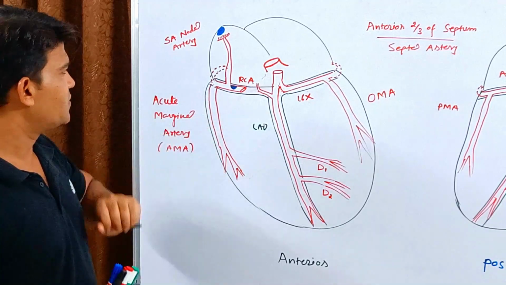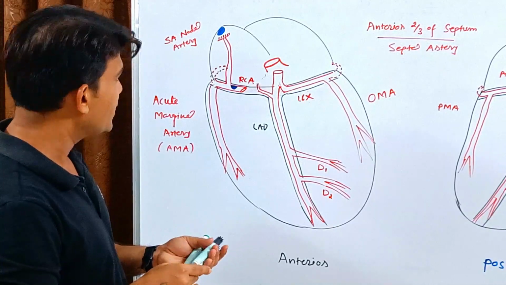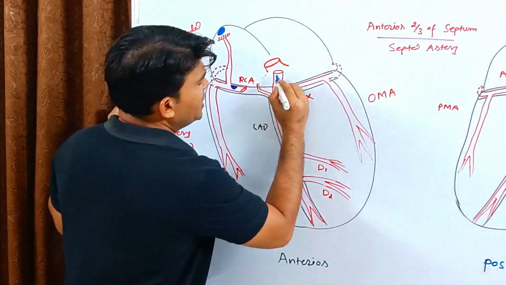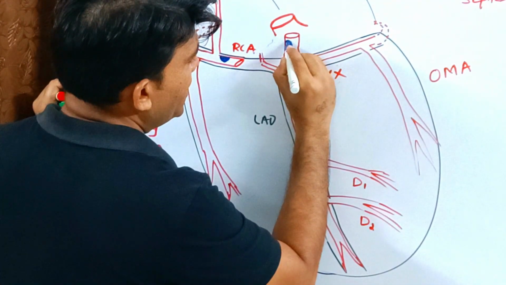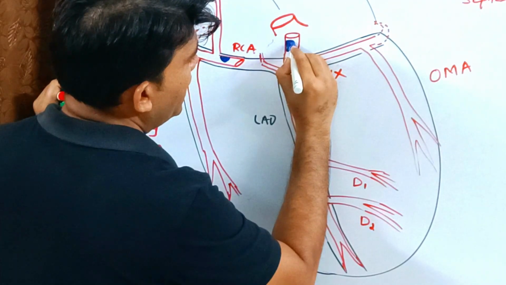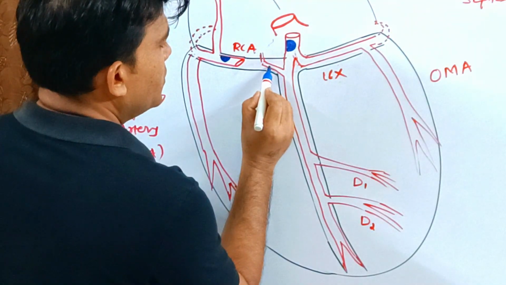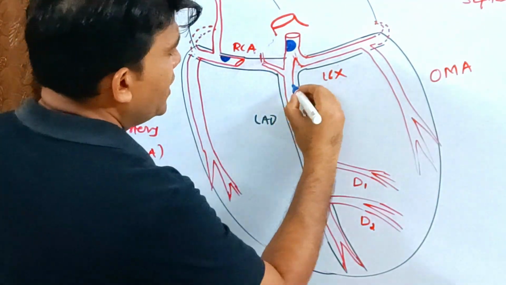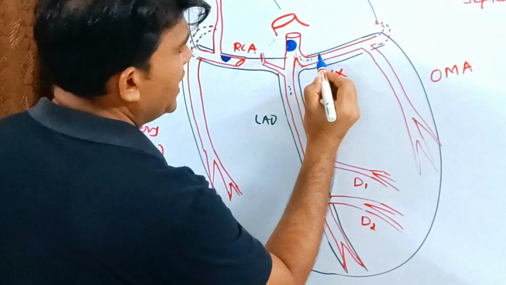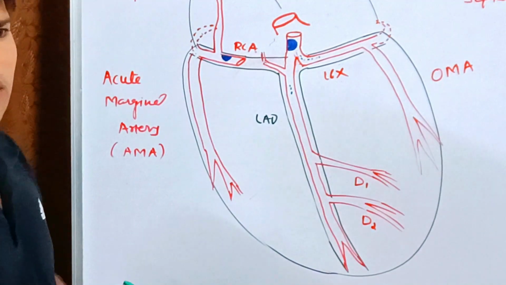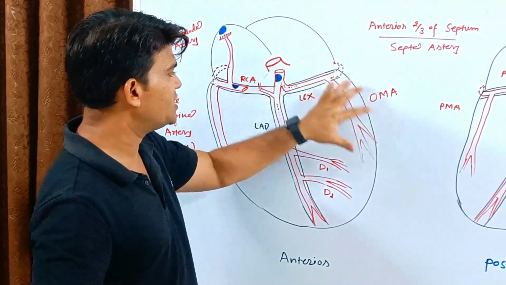Okay, that was one topic. Now let's discuss if the patient has the initial proximal LCA, the left main coronary artery, critically occluded. In that case, what will happen? The septal artery will get less blood, then the LAD will get less blood, and the LCX will also get less, then the patient will have an extensive myocardial infarction.